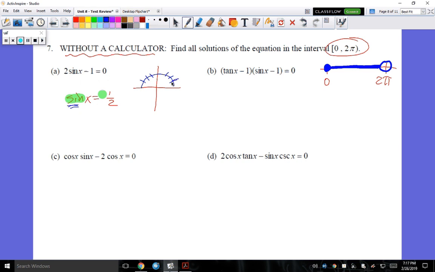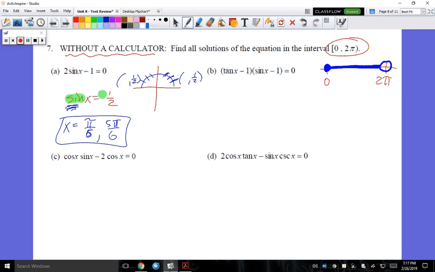So 3, 2, 1, 3, 2, 1, it's going to be here at pi over 6, and another one here at 5 pi over 6. So we're going to say x is pi over 6, and the other one is 5 pi over 6. Again, we want it to be the y value that is positive 1/2.